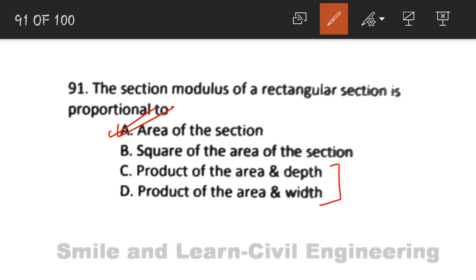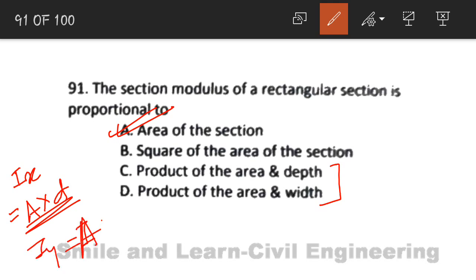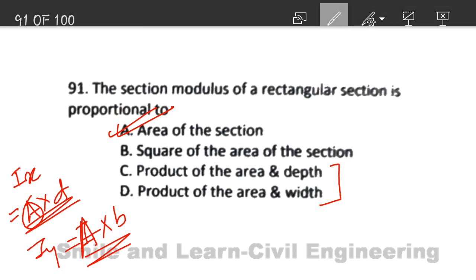But what happens is that if we take x-axis, along the x-axis, this is area into depth. If we take y-axis, then it is area into width. But it is always proportional to the area. So we will consider it as option A.